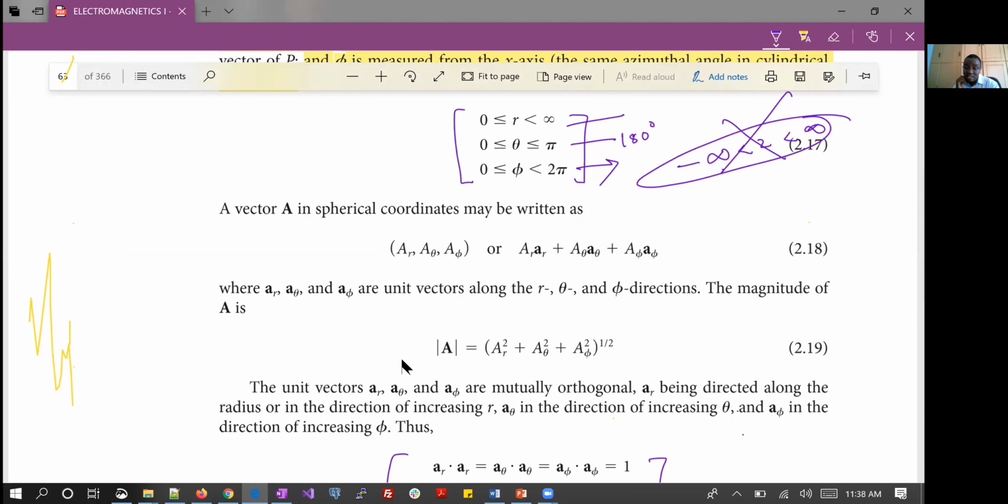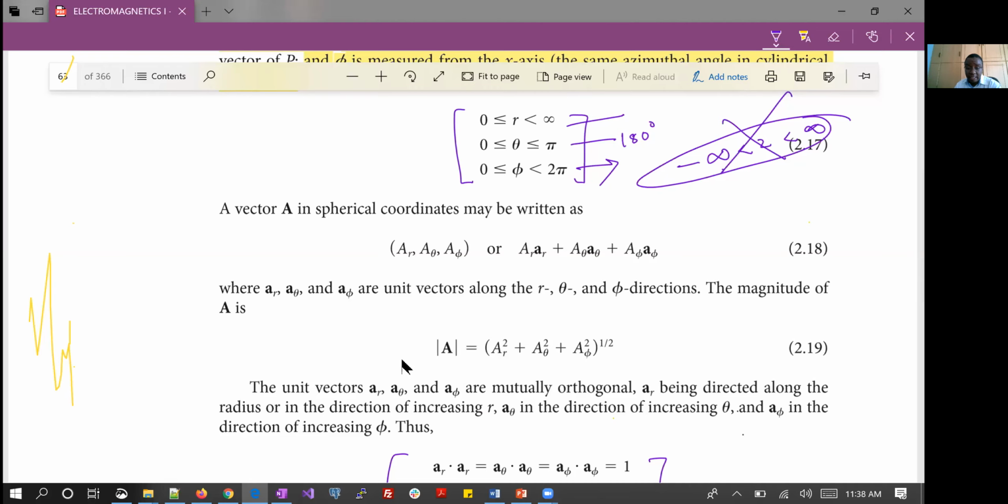Now we want to jump to the idea of expressing a vector A in terms of spherical coordinates described by unit vectors AR, A theta, and A phi. AR, A theta, and A phi are the unit vectors in the r, theta, and phi directions as described in the spherical coordinate system.